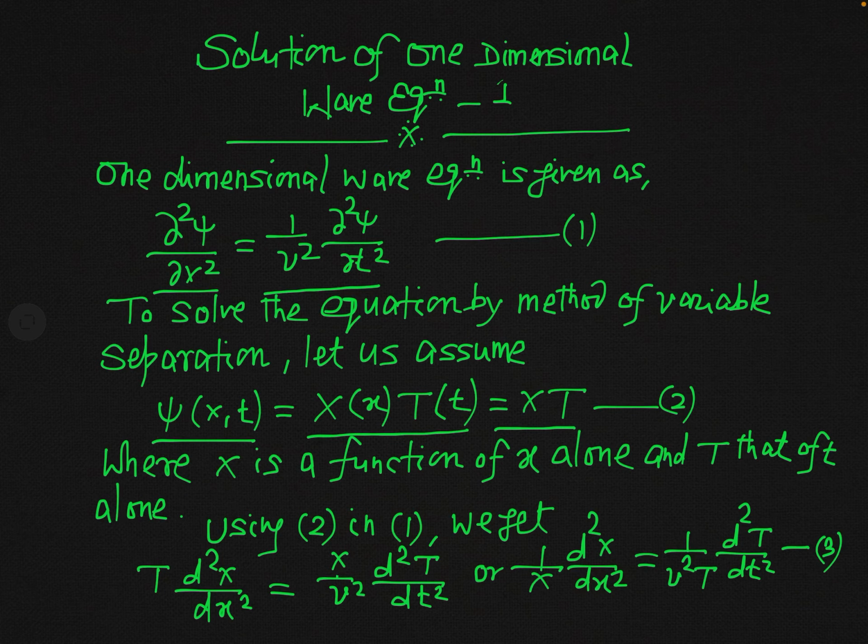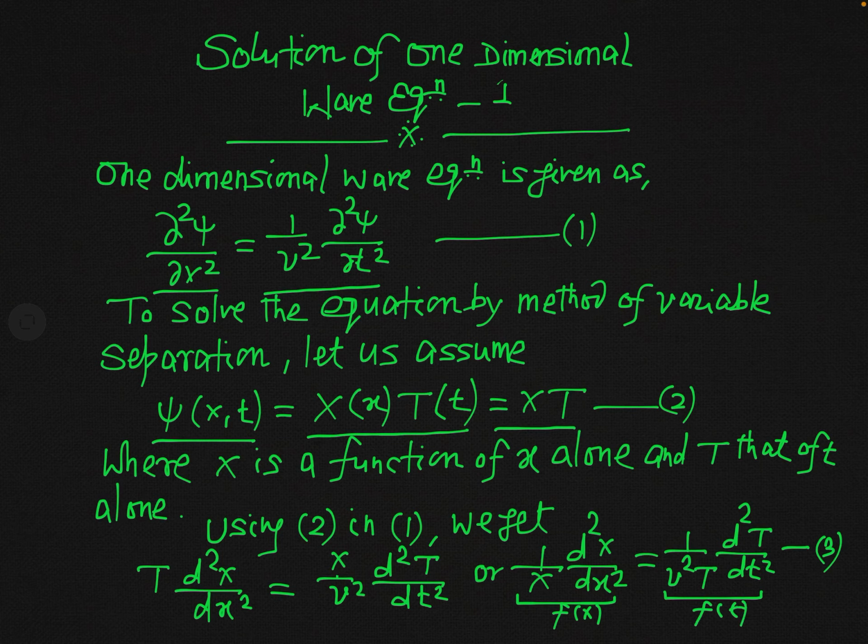Now you can see in this equation 3 that the variables are already separated. In the LHS you can see this is only a function of small x, and the RHS is a function of only small t.